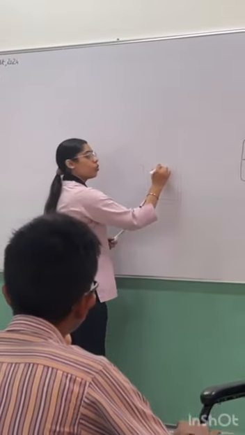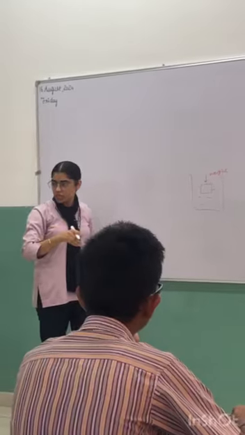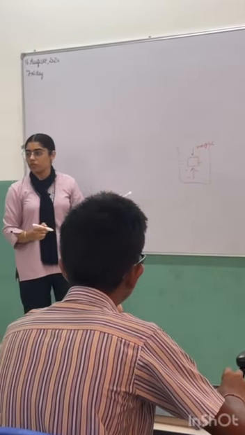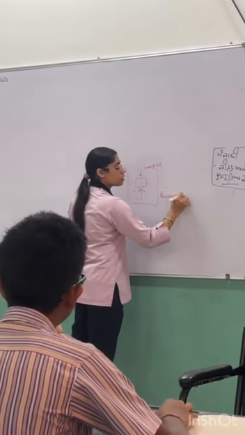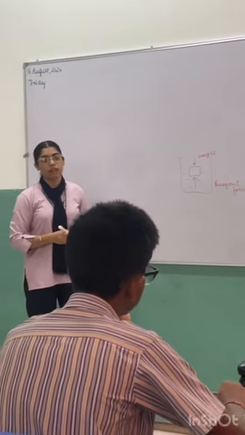That will be its weight, which acts downwards, and the liquid will exert an upward force on the object. This force will be known as buoyant force or upthrust force, right?